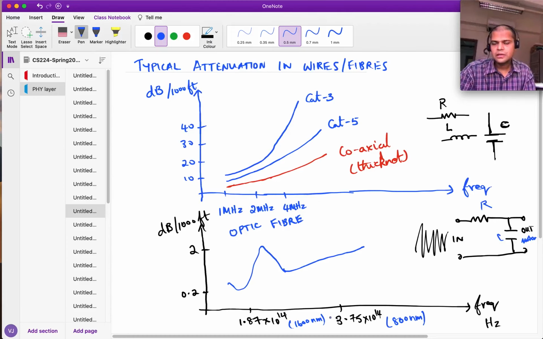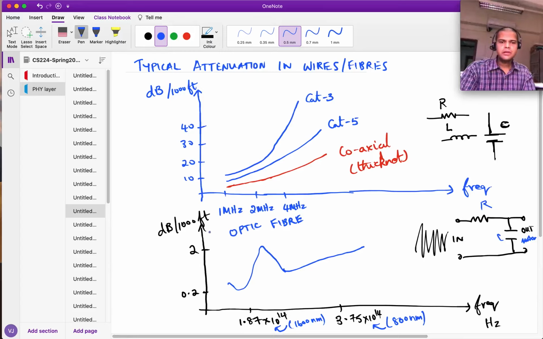Here you are looking at light frequencies. Okay, you are transmitting light rays which have very high frequencies, of the order of 10 to the power of 14. So if you look at the wavelengths, it's of the order of hundreds of nanometers, okay, 1600 nanometers, 800 nanometers and so on. Right, so these are the wavelengths corresponding to these.